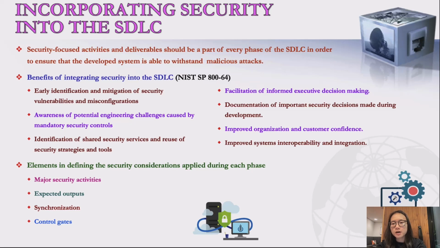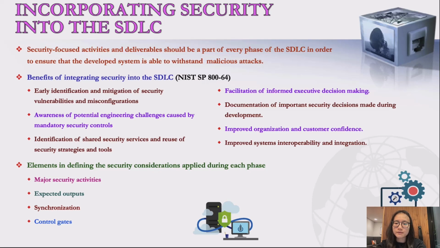And fourth of all, it facilitates informed executive decision-making through the application of comprehensive risk management in a timely manner. And the fifth benefit is that it allows the documentation of important security decisions made during development, and ensures management that security was fully considered during all the phases.